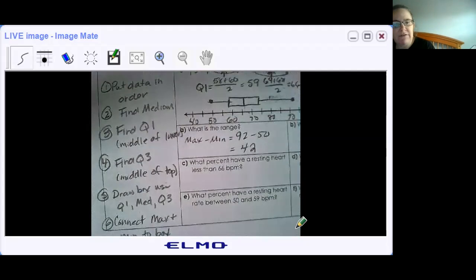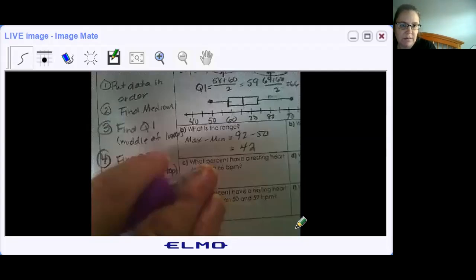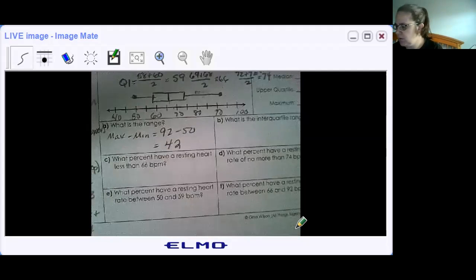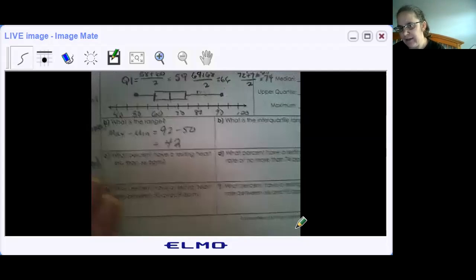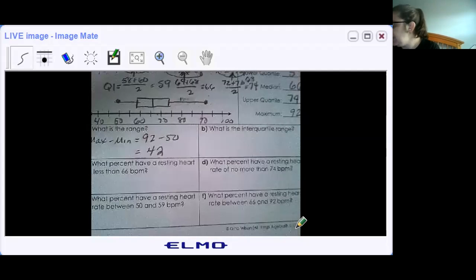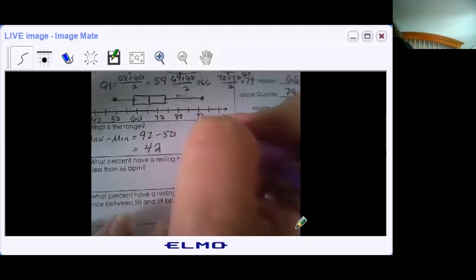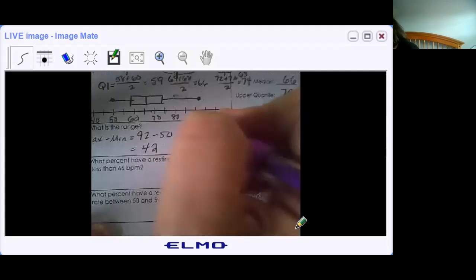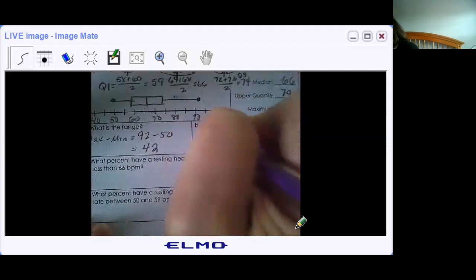But what if instead of asking you what the range is, I ask you what the interquartile range is? Well, that changes the numbers I have to subtract. The interquartile range is just the size of the box, not the whole graph, just the box. So in that case, I have to do Q3 minus Q1.